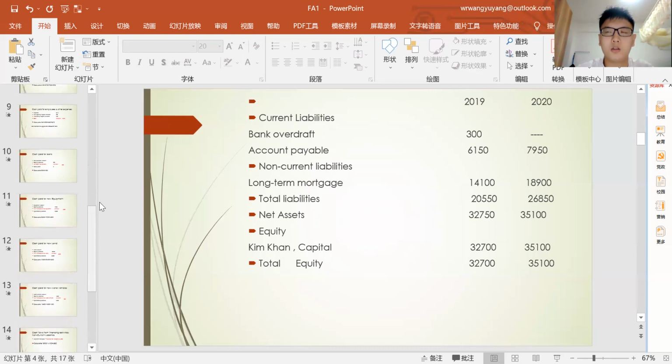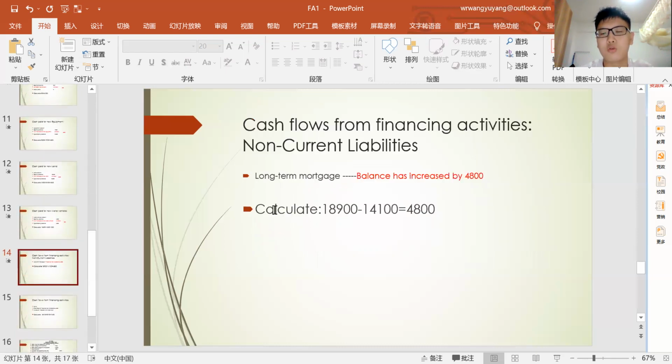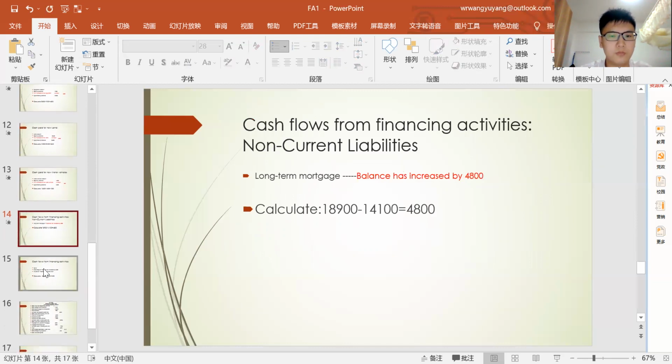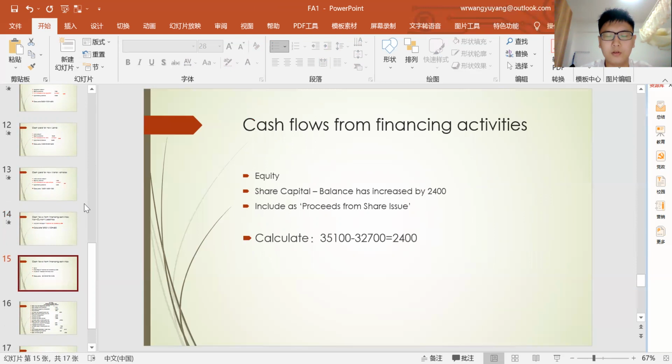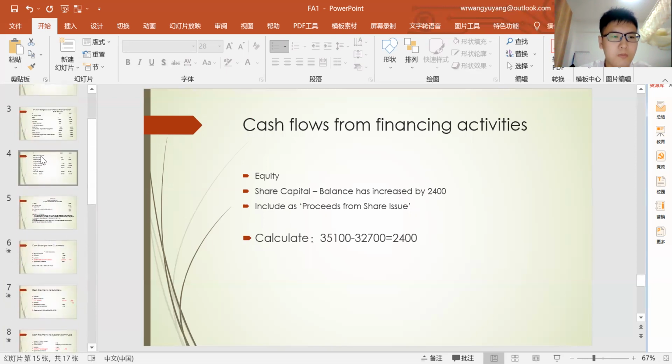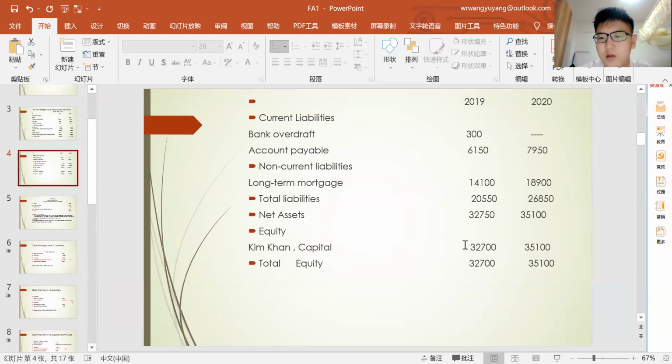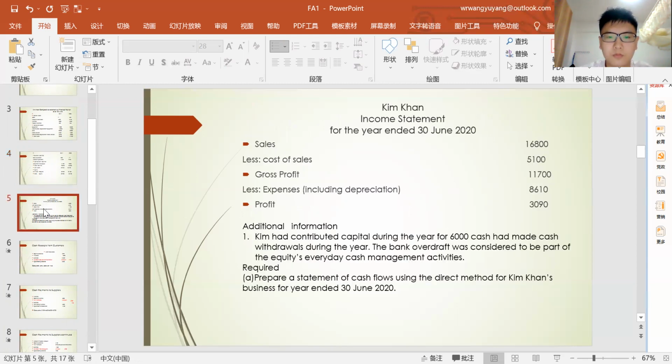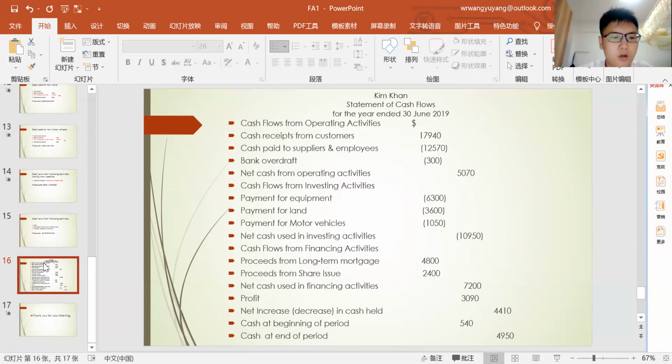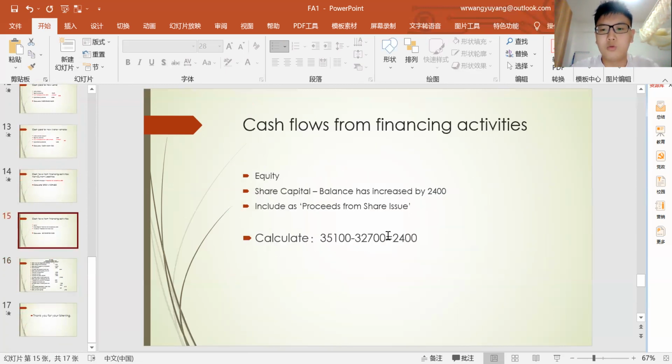So the balance has increased by 4800. For the cash flow from financing activity about equity, we look at the share capital. The opening balance is 32700 and the closing balance is 35100. So the capital increased by 2400 and is included as proceeds from share issues.